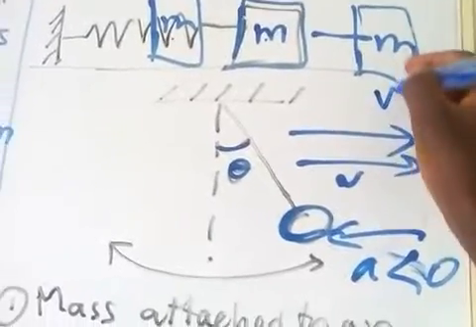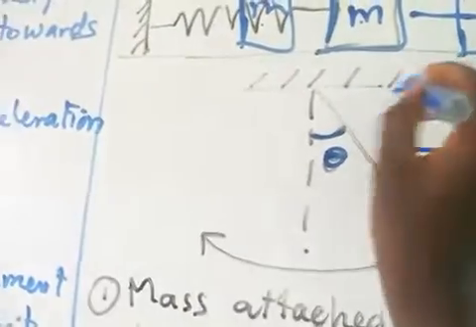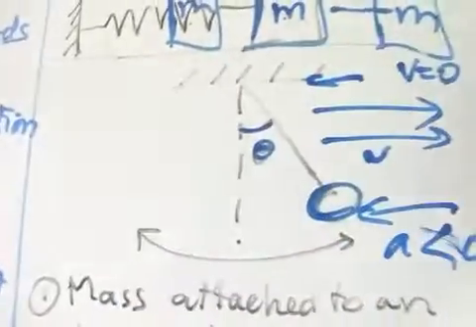Which means that the acceleration is negative, having the opposite direction to that of the velocity. The direction of motion is the direction of the velocity always. But here you can see that the velocity was decreasing, therefore acceleration has opposite direction.